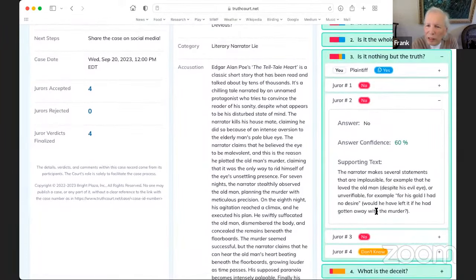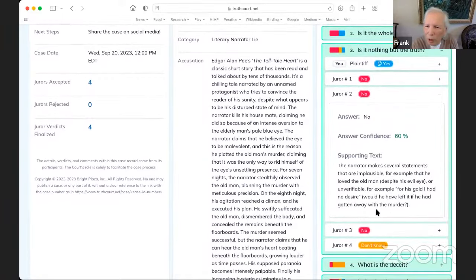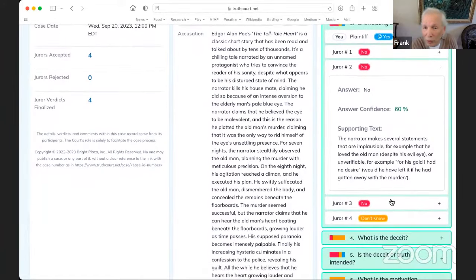Number 2, narrator makes several statements that are implausible. For example, that he loved the old man despite his evil eye, or unverifiable. For example, "for his gold, I had no desire." Would he have left it if he had gotten away with the murder? Again, good answer, and with the textual support. I like the quote.